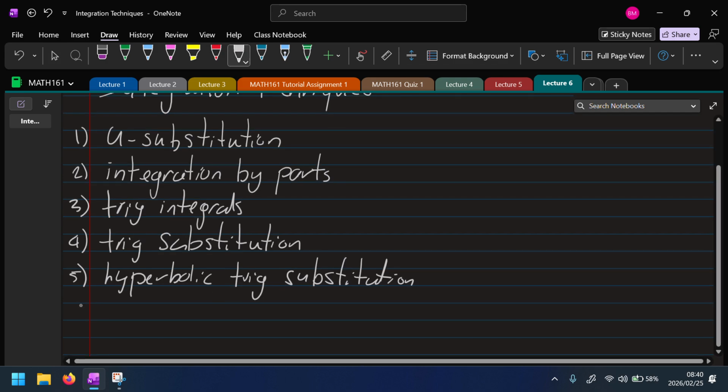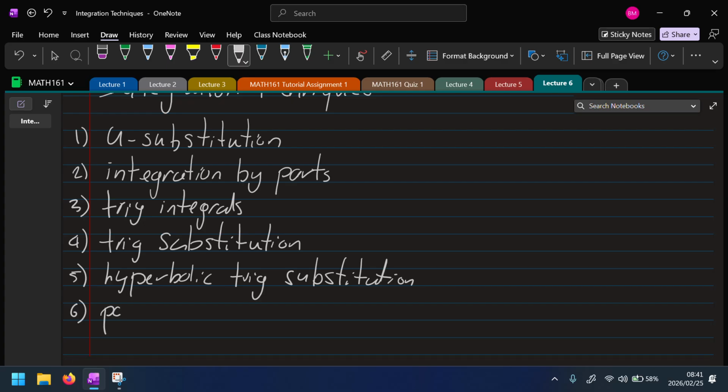And finally, we're going to look at partial fraction decomposition. So basically, this is your scope for class test 1. Once we're done with partial fraction decomposition, your class test 1 will be on these integration techniques.